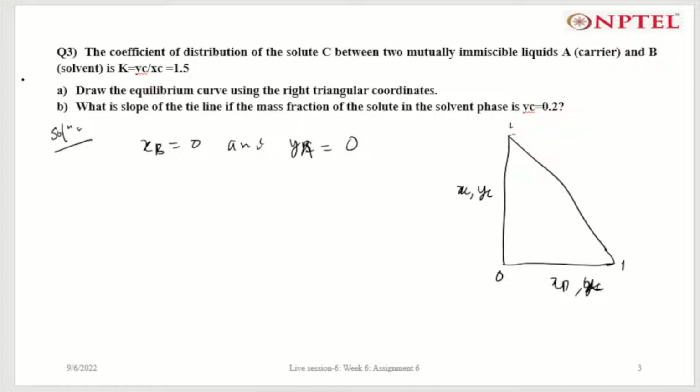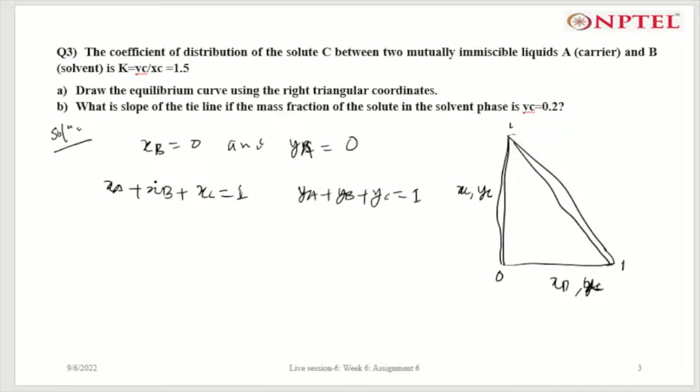Now this is the raffinate arm and this is the extract arm. In the raffinate phase XA plus XB plus XC is equal to 1, and in the extract phase YA plus YB plus YC should be 1. Right. Now here XB is equal to 0, and here YA is equal to 0. Now it is given that YC is 0.2.